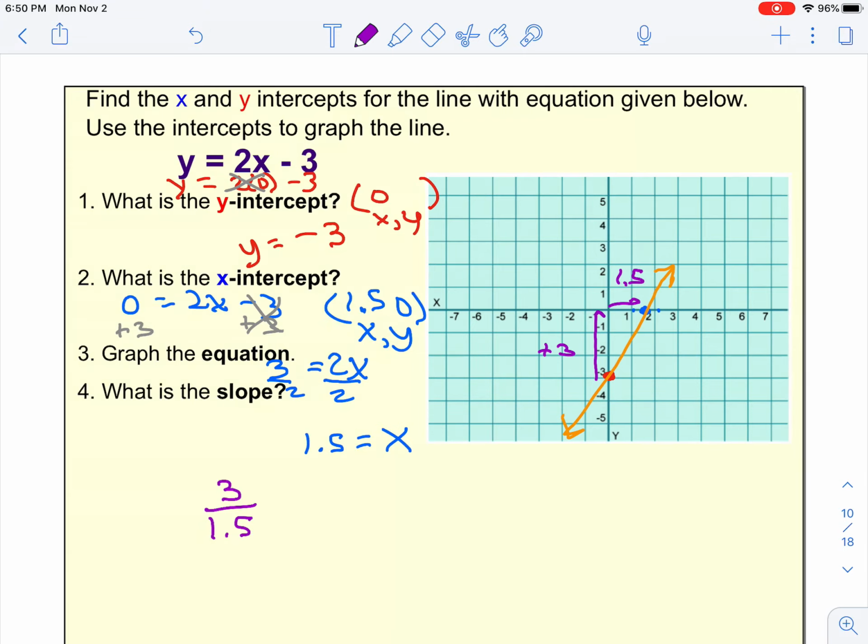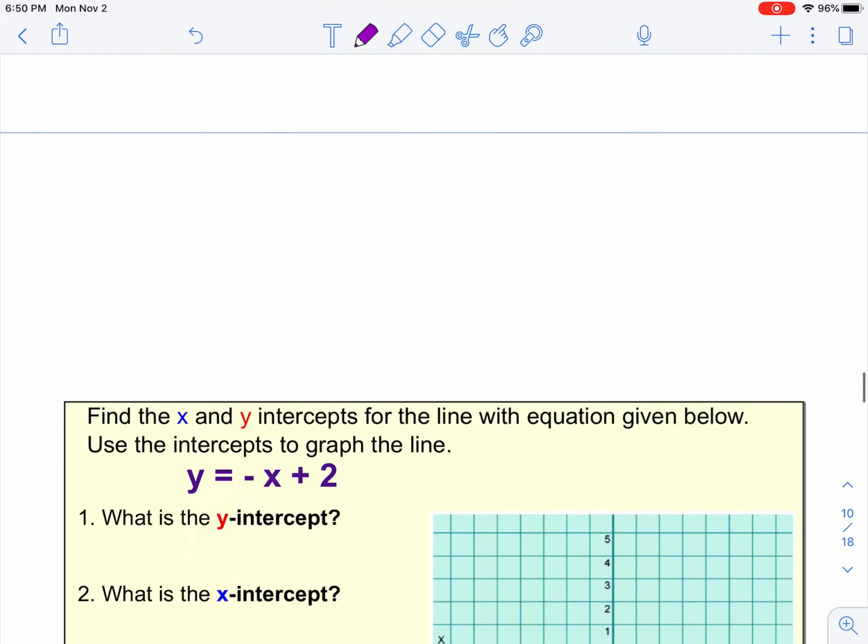So what we might want to do is actually divide 3 by 1.5, which gives us a slope of 2. So we actually have a slope of 2.